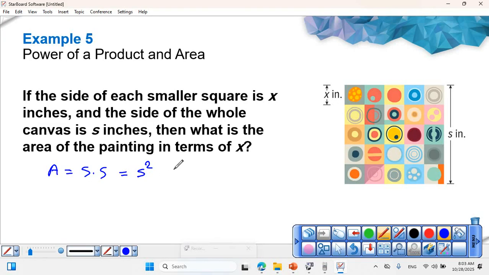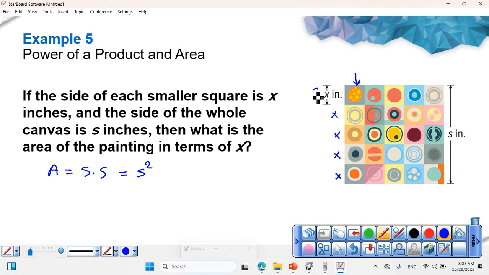Okay, good. But here, the smaller square, what is the area of the smaller square here? This equals, I think, what? This side 1, this is x, and this is also x, 2x, 3x, 4x, 5x.